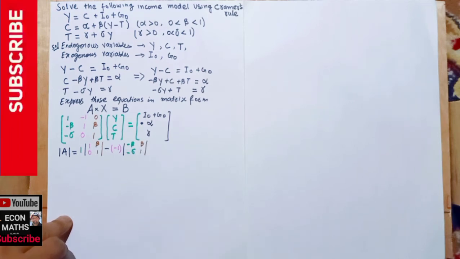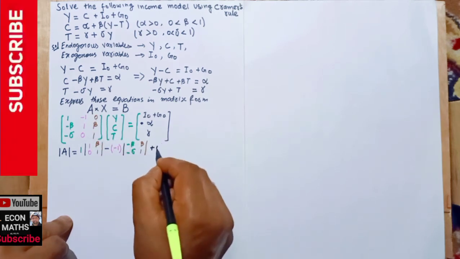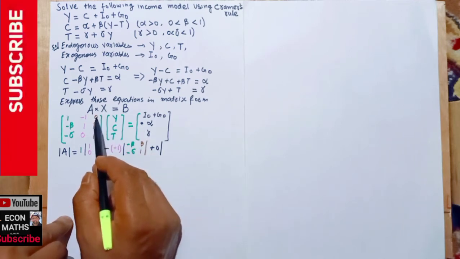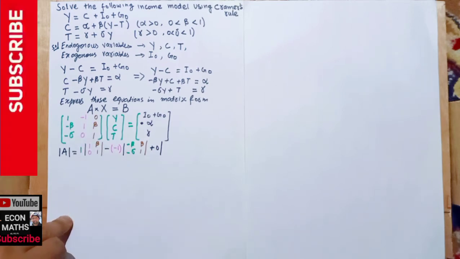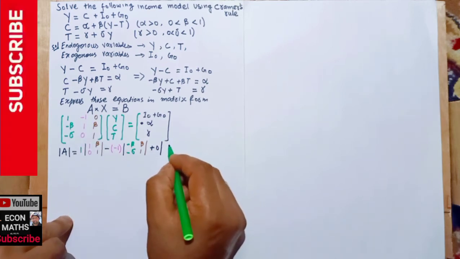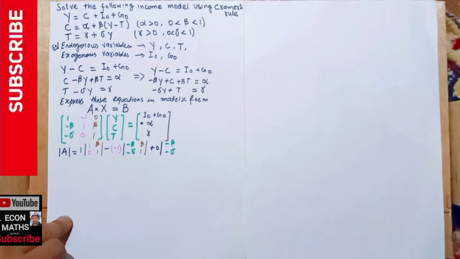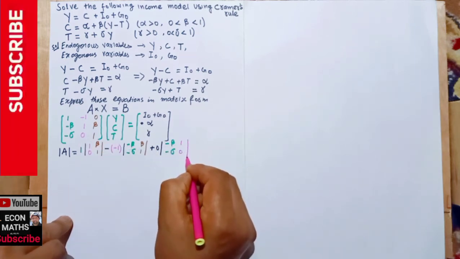Then plus the third element, 0, multiplied by the determinant of the remaining elements: minus beta, minus delta, and 1, 0.